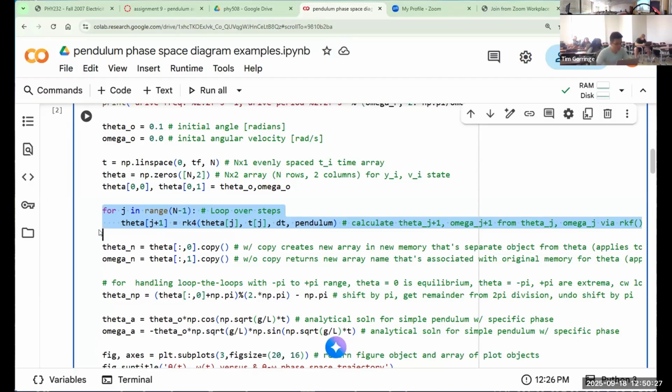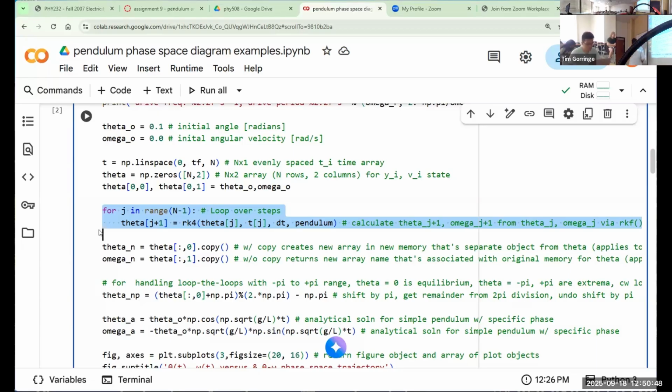It's got omega and theta embedded in it, and this quantity over here is a 2-element variable. So this slicing with j, what does that mean? Because I've got a two-dimensional array and I just put j, what am I really doing when I'm slicing?